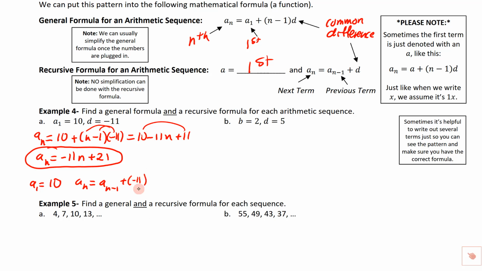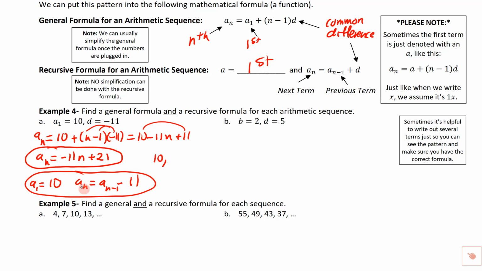So plus negative 11. But it's normally easier just to simplify this a little bit, because a plus, a minus is just going to be a minus. So I'm just going to write down minus 11. So what we do here is we start with 10, and then we're going to subtract 11 every single time to get to the next term. So if I were to write out a couple of these, I'd start off with 10.